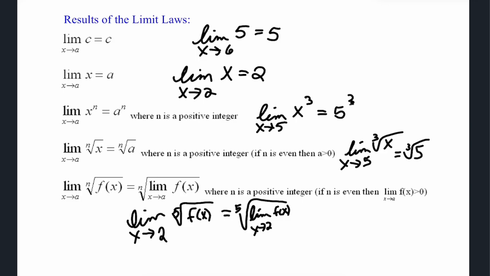Now that fails if the value isn't in our domain, if there's a jump, an asymptote, a break of some sort in the graph. As long as it's a nice smooth graph like a parabola or a linear function, the limit is just the point value of the function at that point.